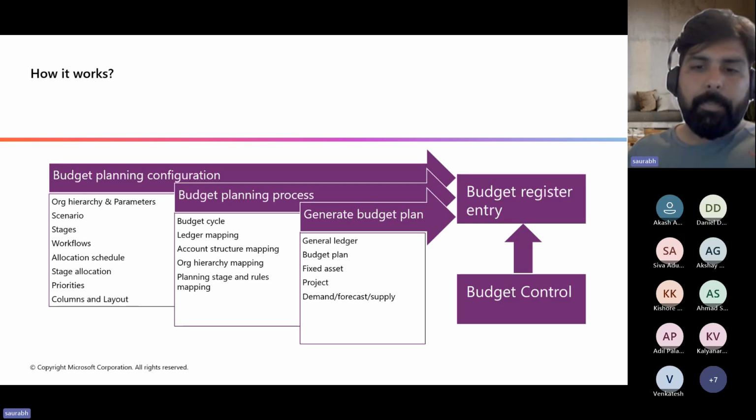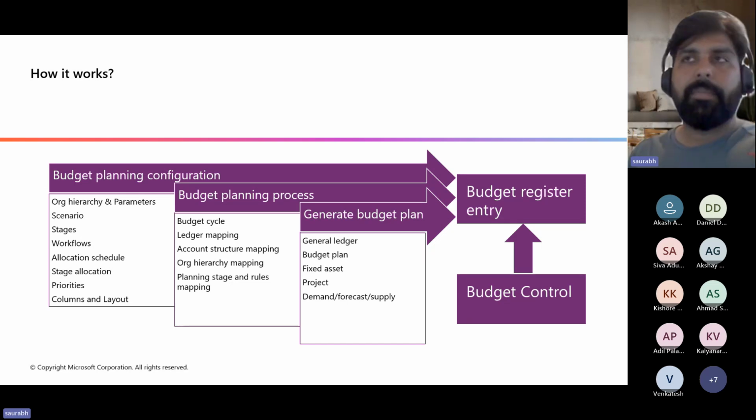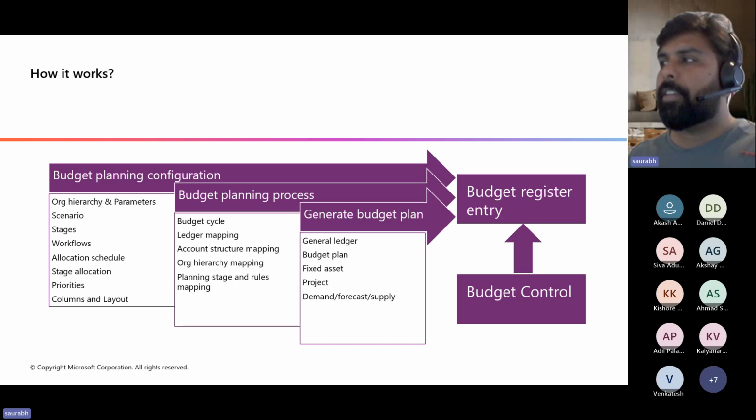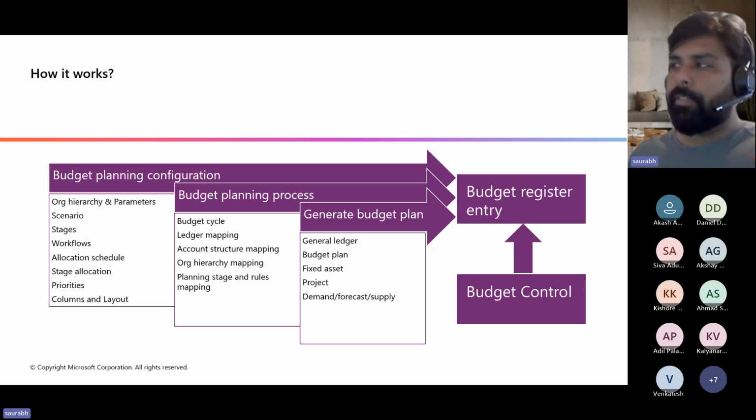You can have the budget plan generated from a budget plan itself. So maybe if you had last year's budget planning or current year, if you already have a budget plan, you can create from there. You can have the budget plans from sub ledgers like fixed asset or project, and then you can have them from the demand forecast or the forecast position if you have it in the system, or the supply forecast if you have it in the system.